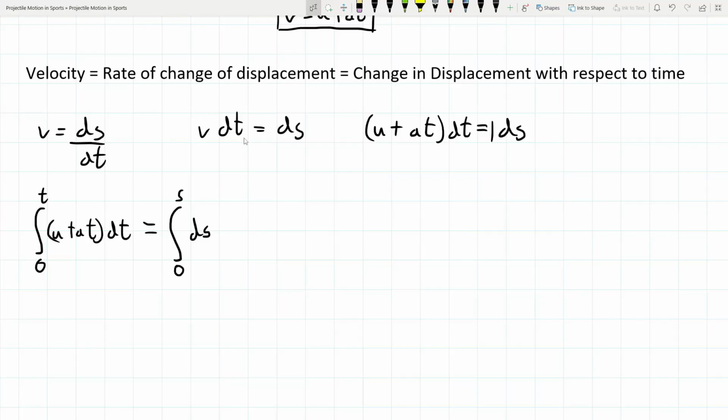So now we integrate, so we get the integral of u dt is just ut, plus the integral of at with respect to t is at squared over 2, and we are evaluating this from 0 to t, and that's equal to the integral of ds, which is just s evaluated from 0 to s.